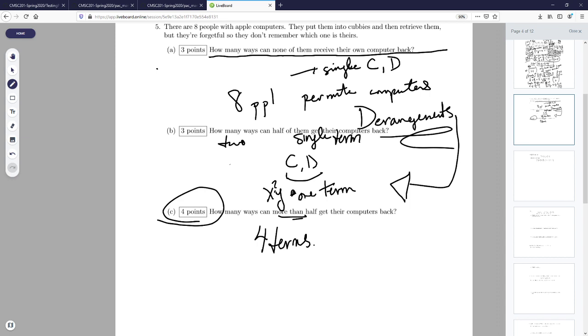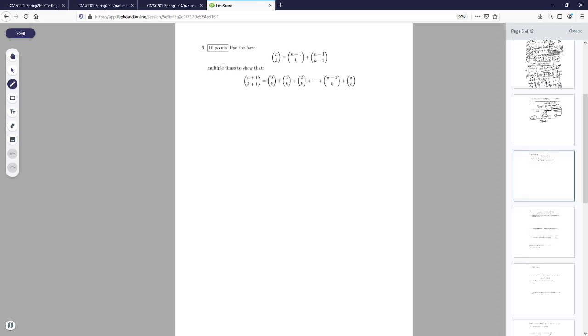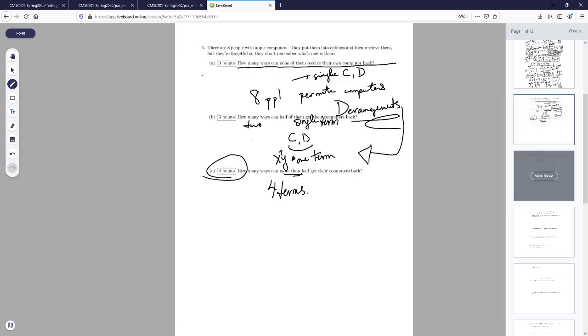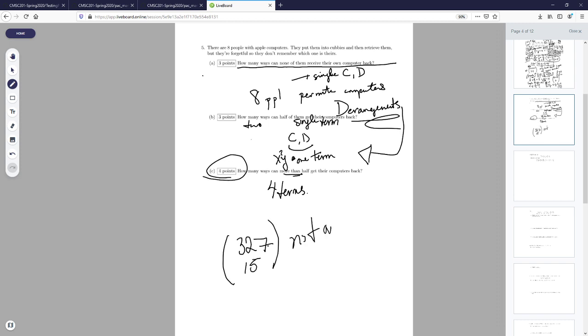Okay. Yeah, so I don't want to say too much more about this problem, mainly because what I've written here is longer than any of the individual answers for any of the parts. I really don't care about evaluating numbers like that, and the reason why is because if you say something like 327 choose 15, right? Now, that is not the answer to anything. But the point is that 327 choose 15 kind of means something.